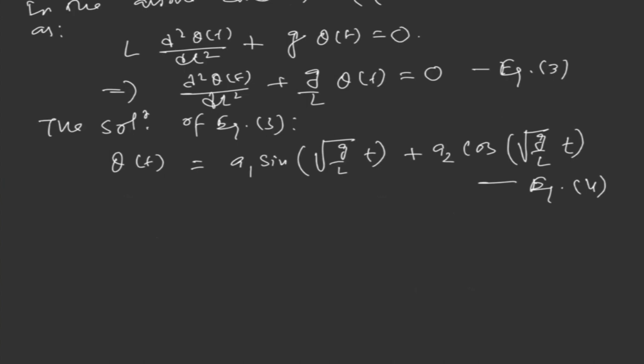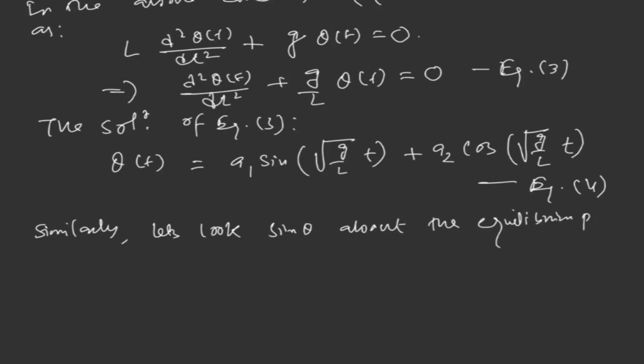This is the expression. Now we'll look at the expression for theta equal to pi, how the system equation turns out to be. So similarly, let's look at sine of theta about the equilibrium point theta equal to pi.